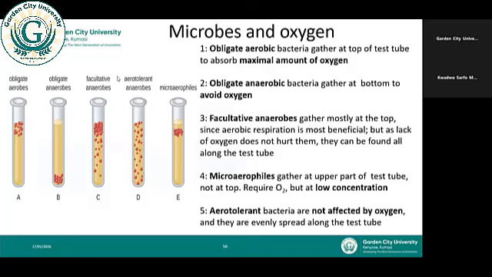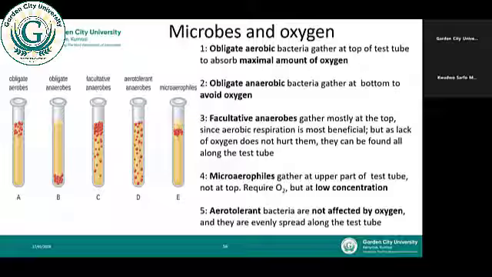So we can have the obligate aerobic bacteria. They like oxygen at all costs. So they will settle at the top because this is not a closed test tube. They will come to the top to have access to atmospheric oxygen.